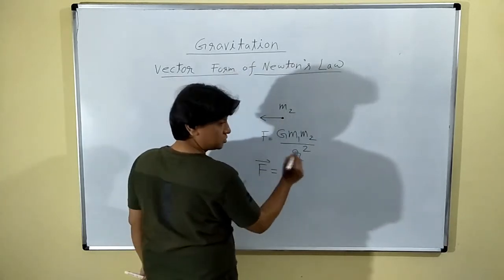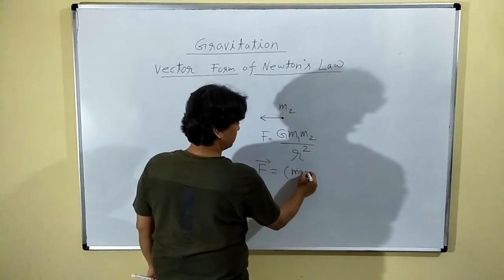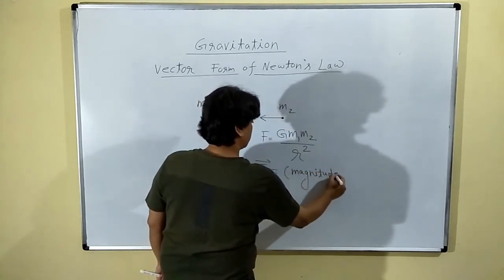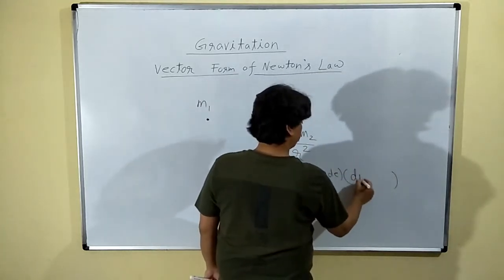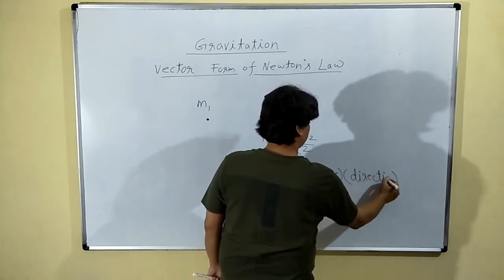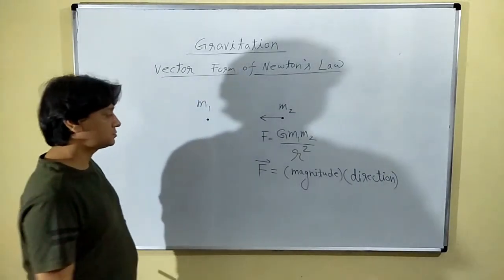A vector has two things. One is magnitude, and the other thing is direction. Magnitude and direction.